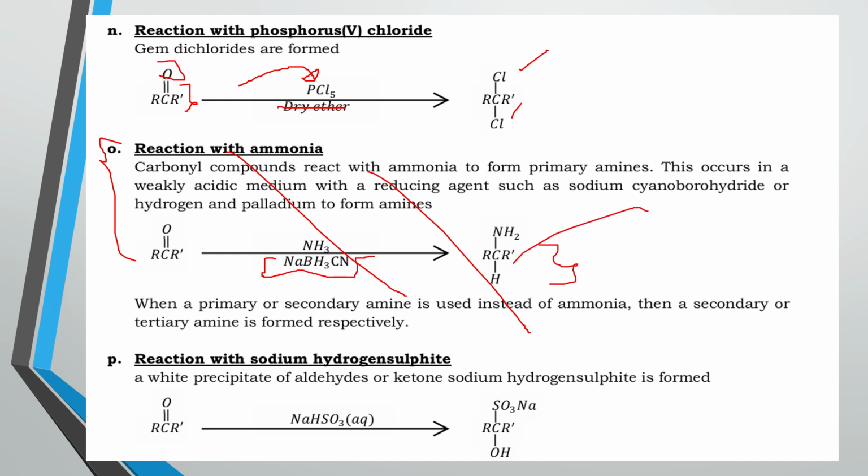So going to part 2, we are going to look at the reaction with sodium hydrogen sulfite. In organic practicals, we use sodium hydrogen sulfite to confirm presence of carbonyl compounds.